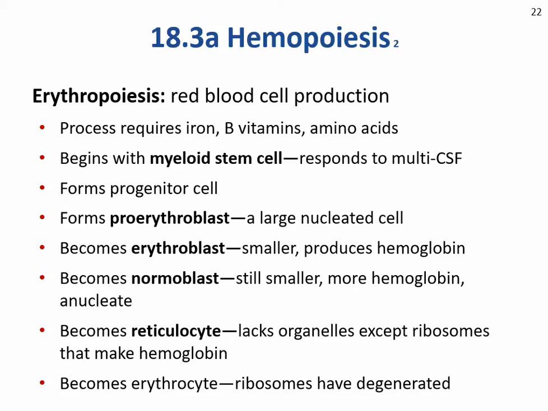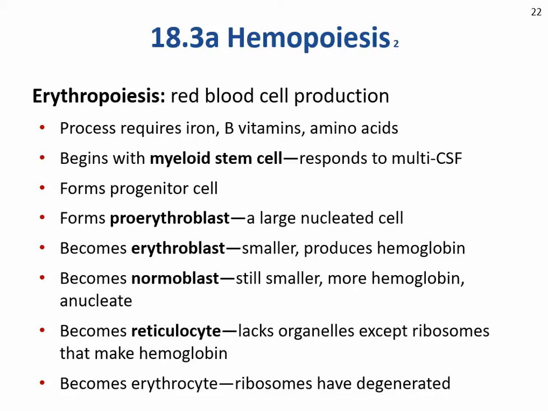Right after the normoblast, it becomes something called a reticulocyte, because the only thing that's left is rough endoplasmic reticulum, ribosomes, and it becomes making the hemoglobin. It's not filled with hemoglobin yet, and it's still actively making that. This is the point where the cells are released into the bloodstream and they start carrying oxygen, so they leave the bone marrow into the bloodstream at this point.